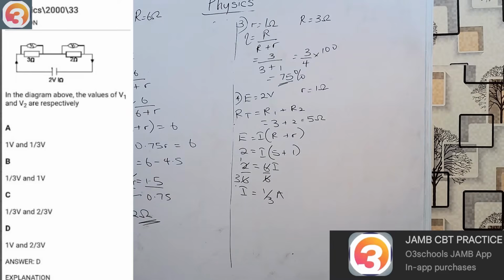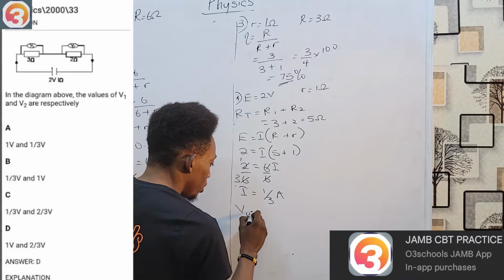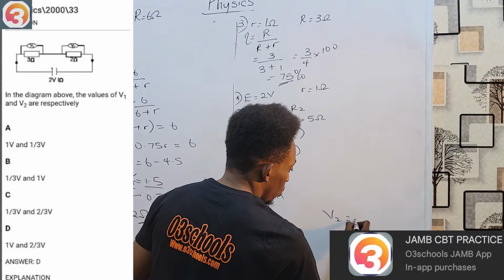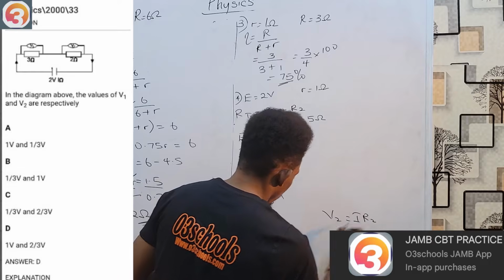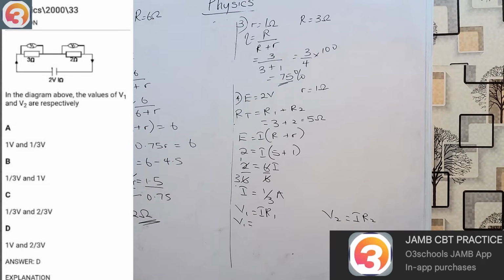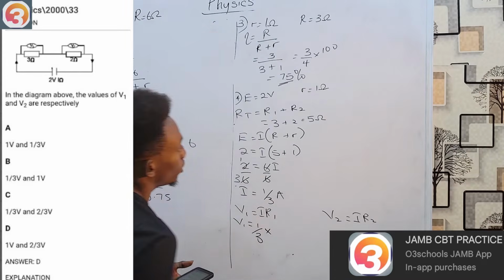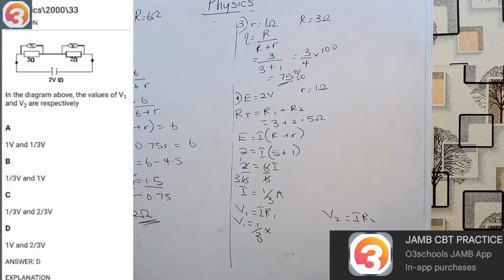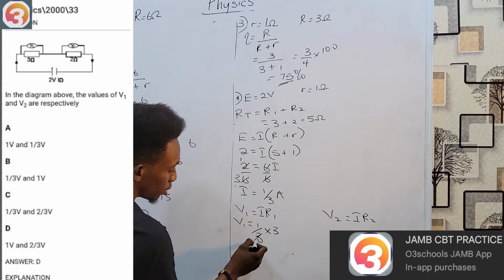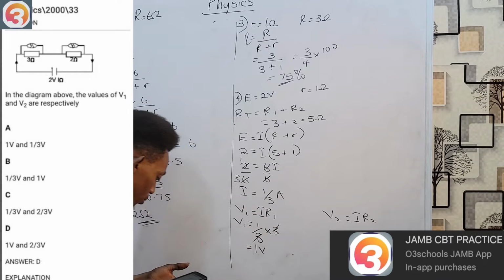And with this, to find the values of V1 and V2, just remember that V1 equals I R1 and V2 equals I R2. So V1 shall be I, which is 1 over 3, times R1, which as you can see is 3 ohms. And if you do this, 3 cancels 3, V1 equals 1 volt.